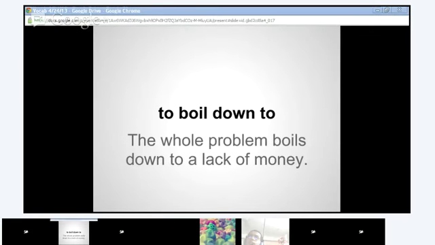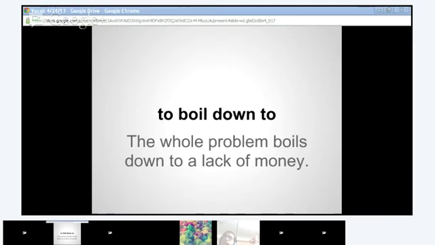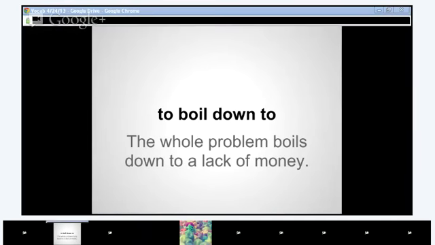The whole problem, maybe a complicated problem, boils down to a lack of money. Does anybody have ideas what this one could mean? I have an idea. I think it means that the whole problem appeared because of a lack of money. So due to a lack of money, maybe.